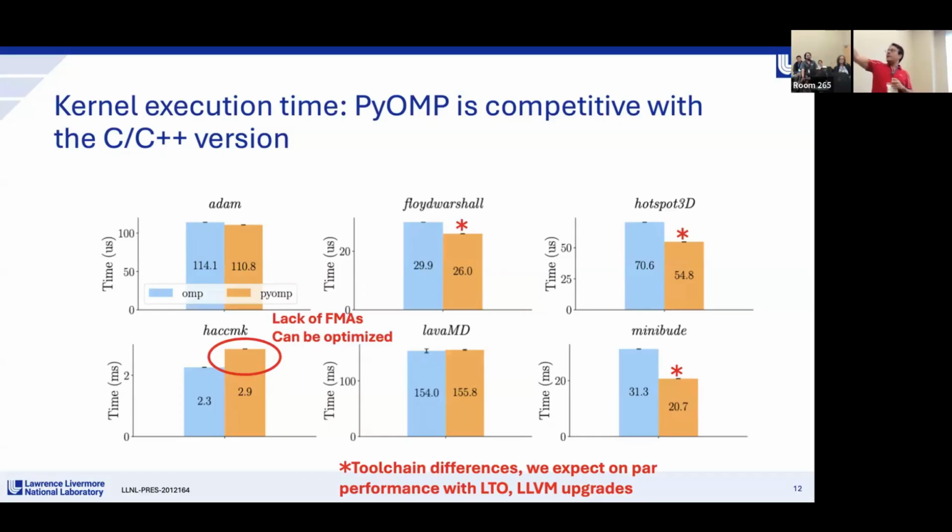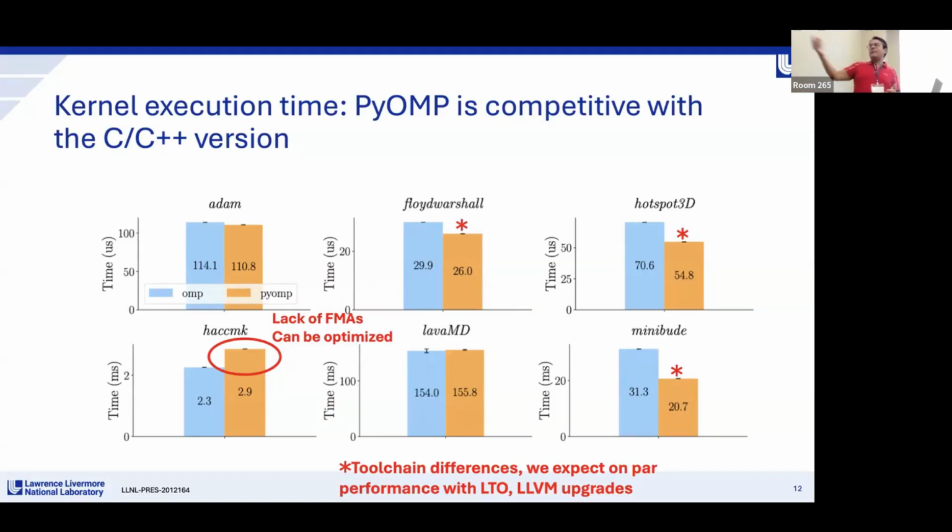And you see that in two of the benchmarks, Adam and Lava MD, we're very close. One was worse, the HeCBench kernels. And the reason for that, when we traced it, is that the Clang frontend actually optimizes for FMAs because of the way compilation works for the GPU. In our case, because we compiled from the Numba frontend, we didn't have this FMA optimization. That's why we were losing performance.